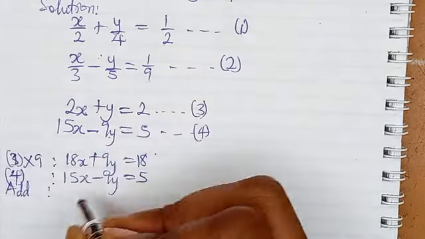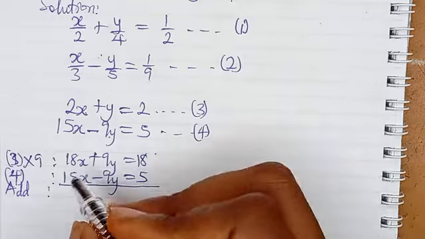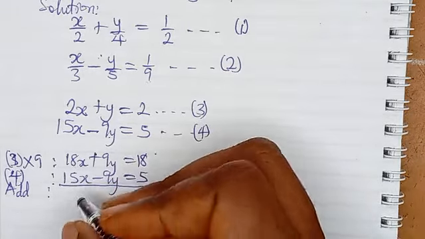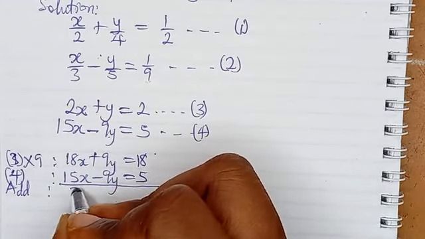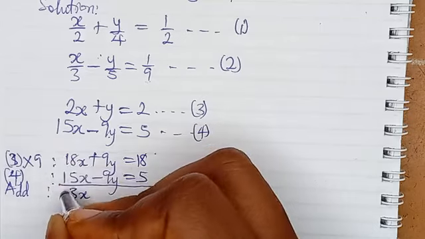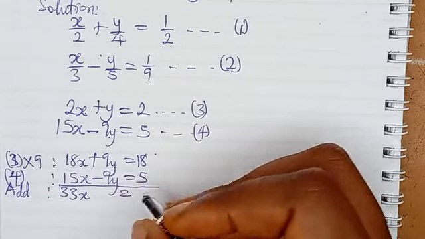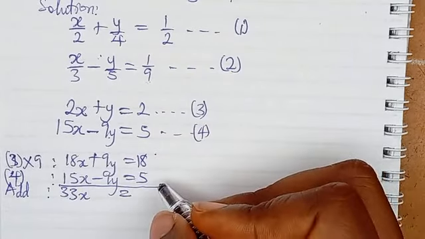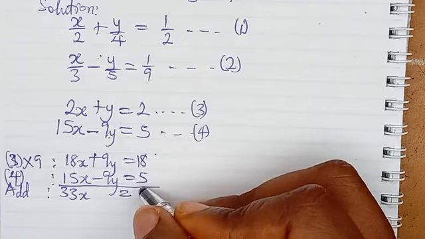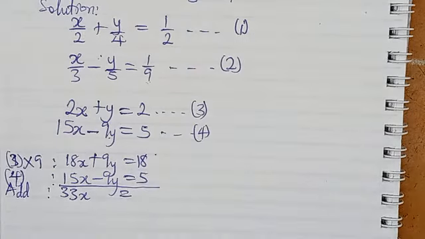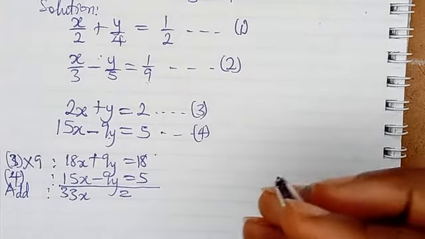When we add the two equations, we have 18 plus 15, 8 plus 5 is 13. We carry on, so 33x. The y term is already 0. We've eliminated it. And then we have 18 plus 5 is 23.